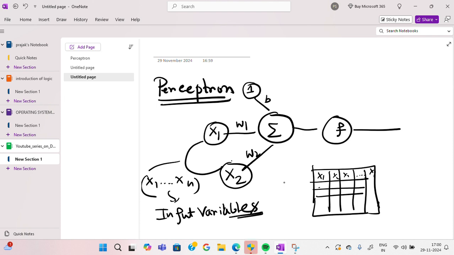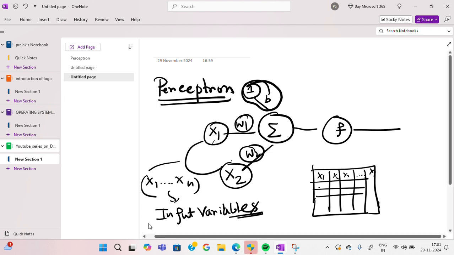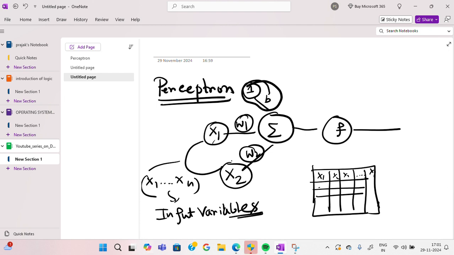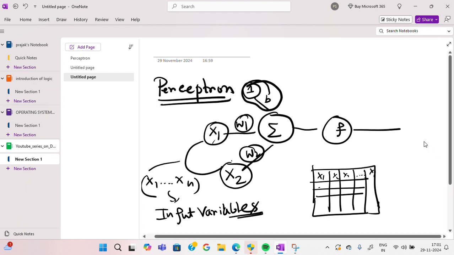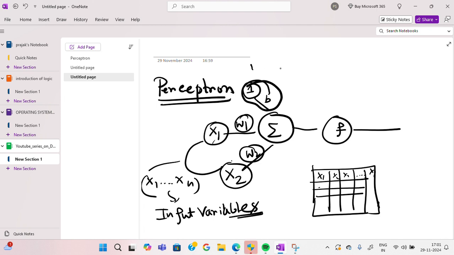And these are the weights w1, w2, and this b is specifically designed for determining your bias. So the total will look like w1 x1 plus w2 x2 plus b.